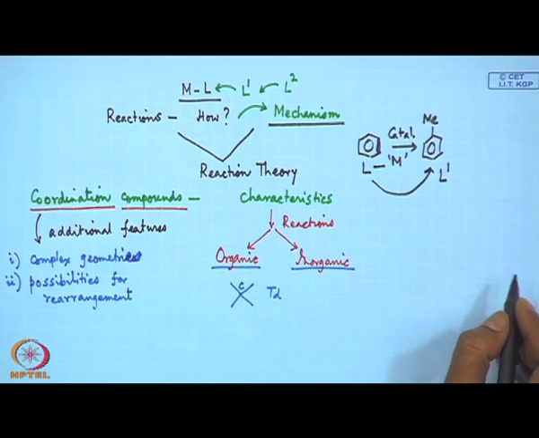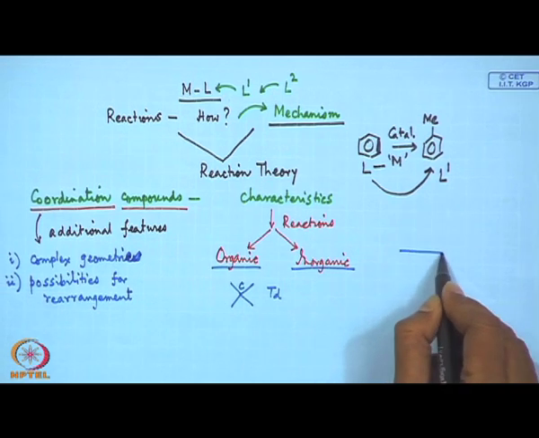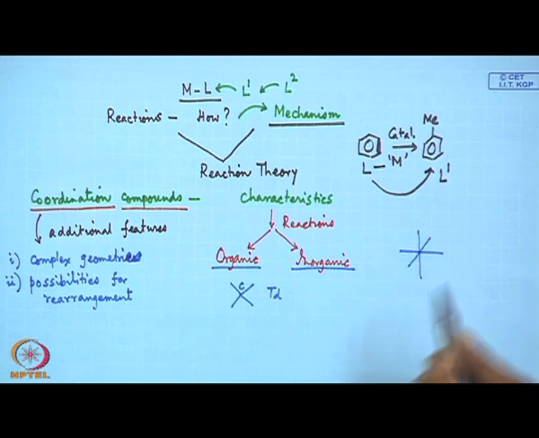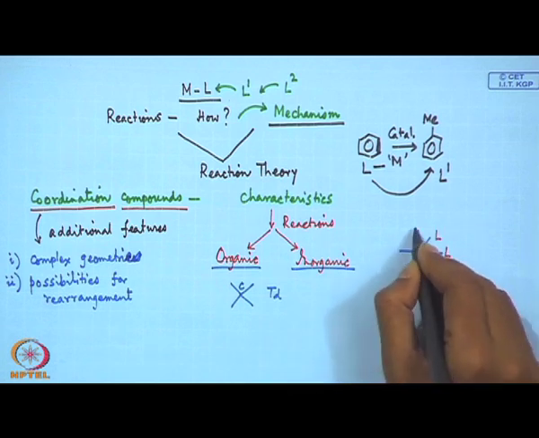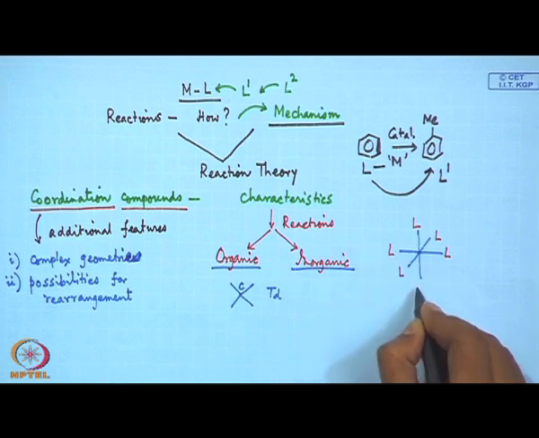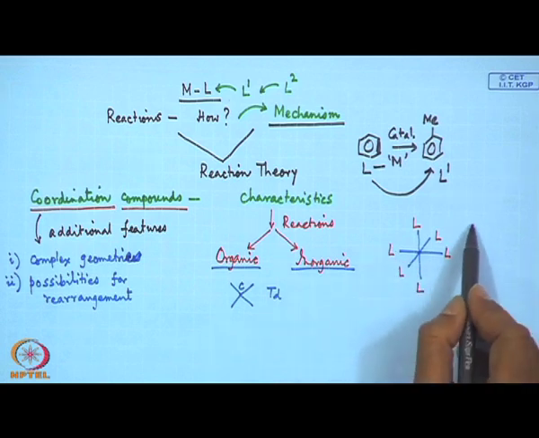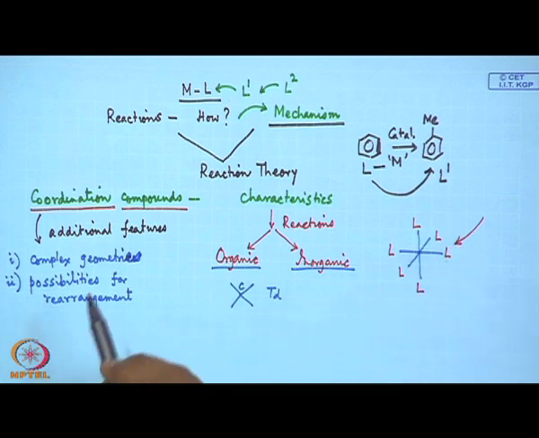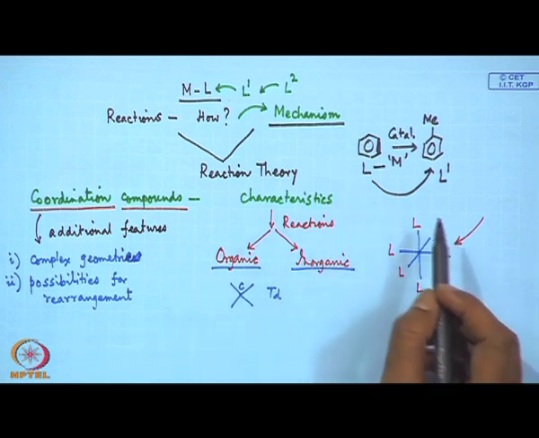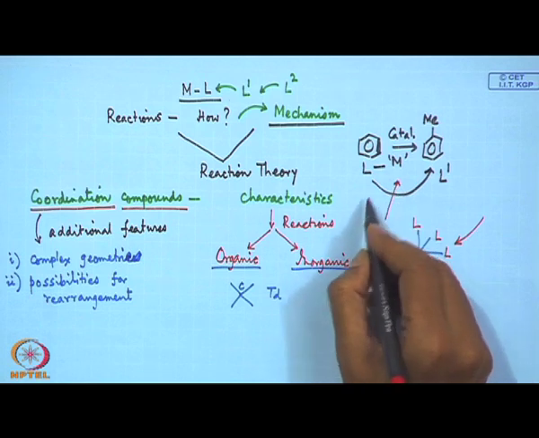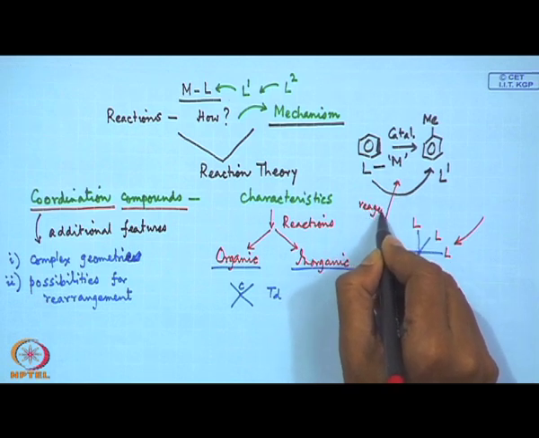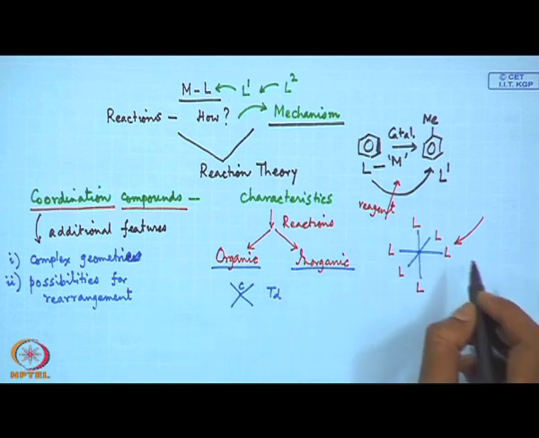So, since this feature is much more complex, that means since we have, say in the case of an octahedral complex, ligand 1, ligand 2, ligand 3, ligand 4, ligand 5 and ligand 6, the direction in which the incoming group or the new ligand or some reagent is coming matters, because in presence of catalyst what we are adding over here is the reagent for this sort of transformation.